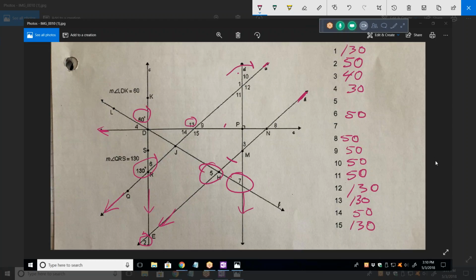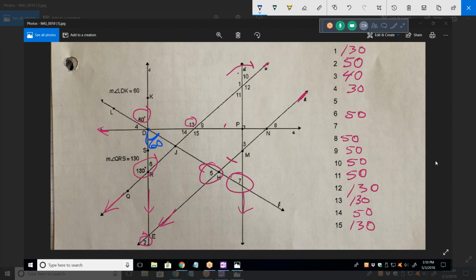We know that 5 is the same as J. It's not helpful. Here we go. What's this angle right here? Where? Here, let me change colors to blue so I can point it out. This angle right there. Oh, 60.